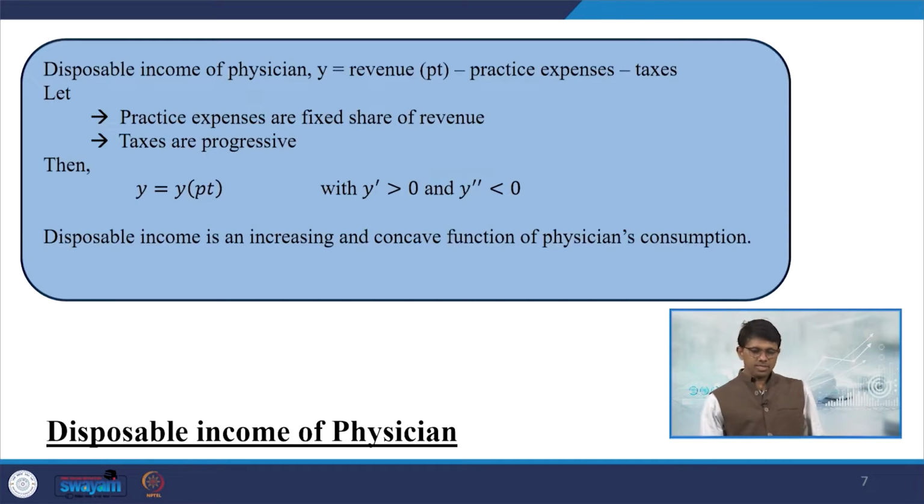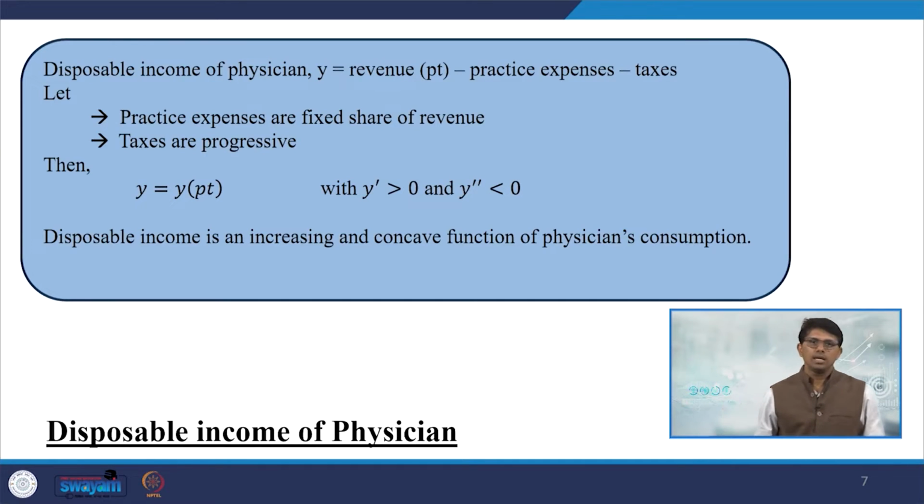Practice expenses, taxes, etc. I discussed in the last lecture that Y depends on P and T, as practice expenses and taxes are already part of the revenue PT. Hence, the simple function we are mentioning is Y equal to Y of PT. This is considered to be a concave function, with its first order derivative positive and the second order derivative negative.